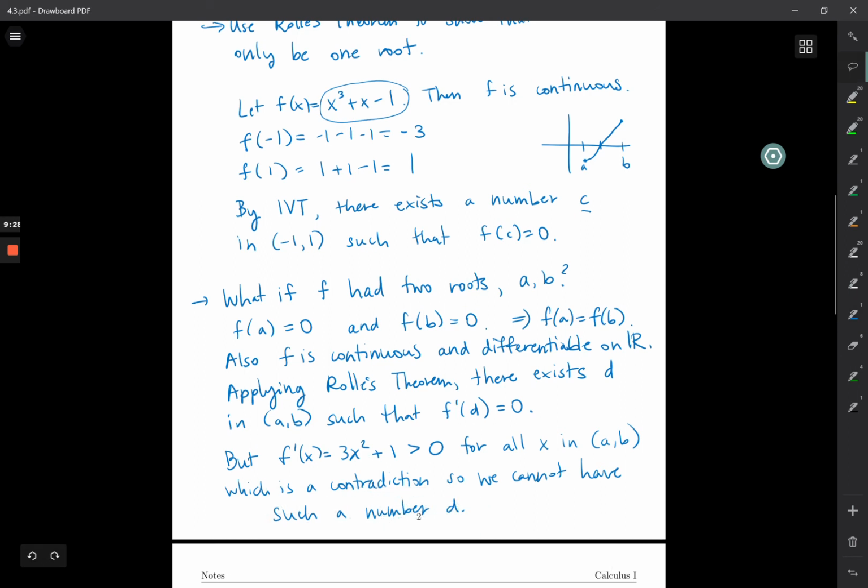We cannot have such a number d, and the conclusion is that we cannot have two roots, a and b. There should only be one.